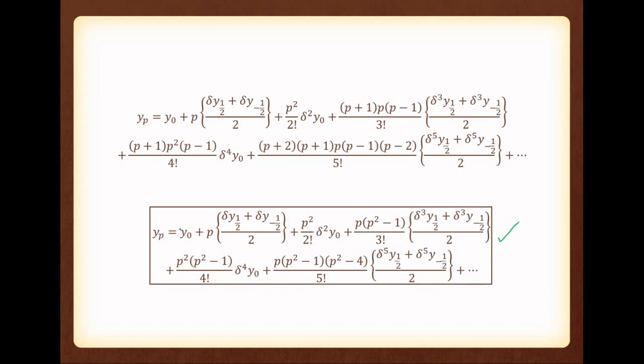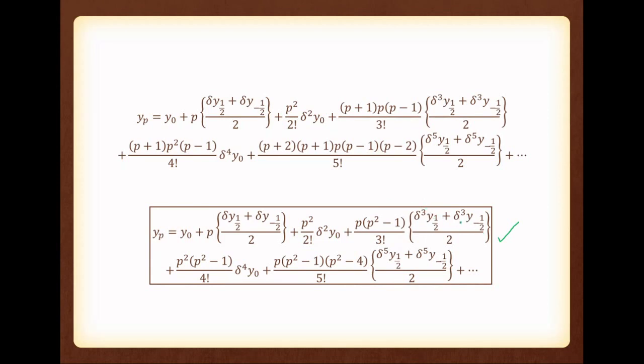Again we can easily remember this equation. This is y0. Alternatively, the y term is y0 here, then the average of delta y at 1/2 and delta y at minus 1/2, then again y0. Then for the odd term, the average of y at 1/2 and y at minus 1/2.